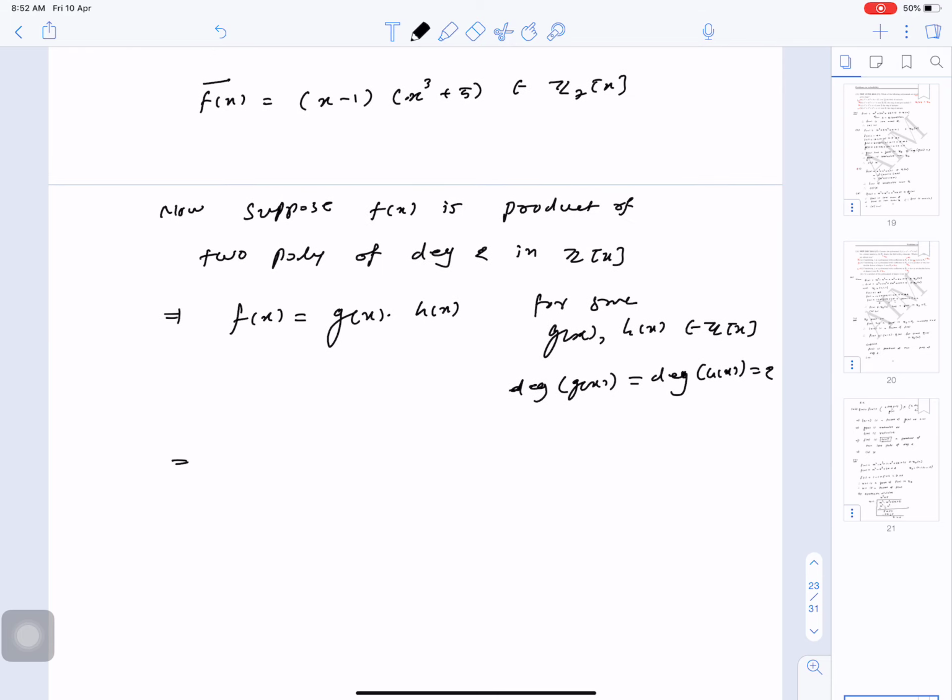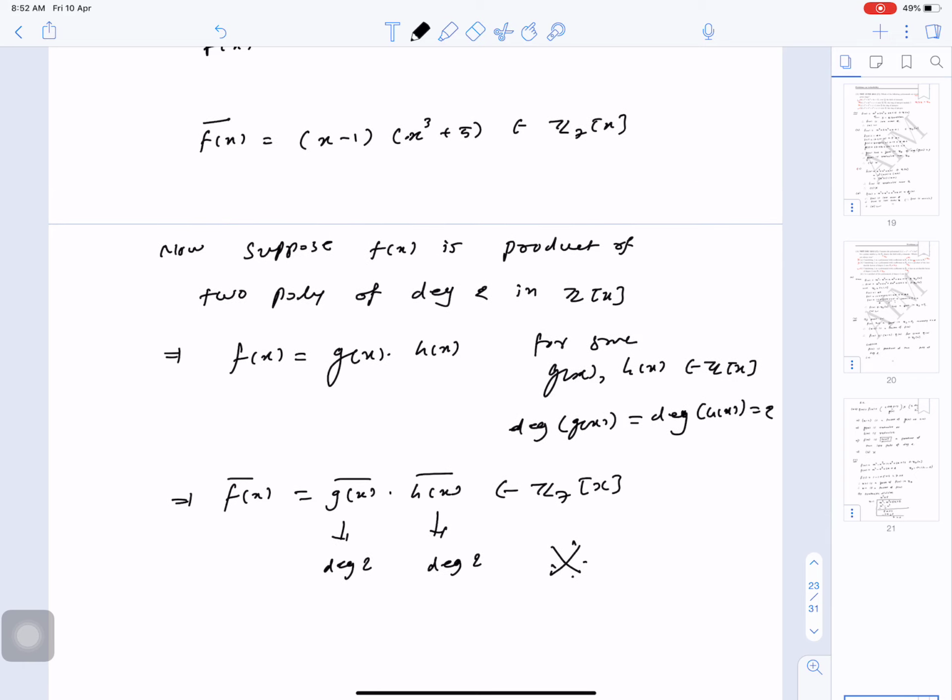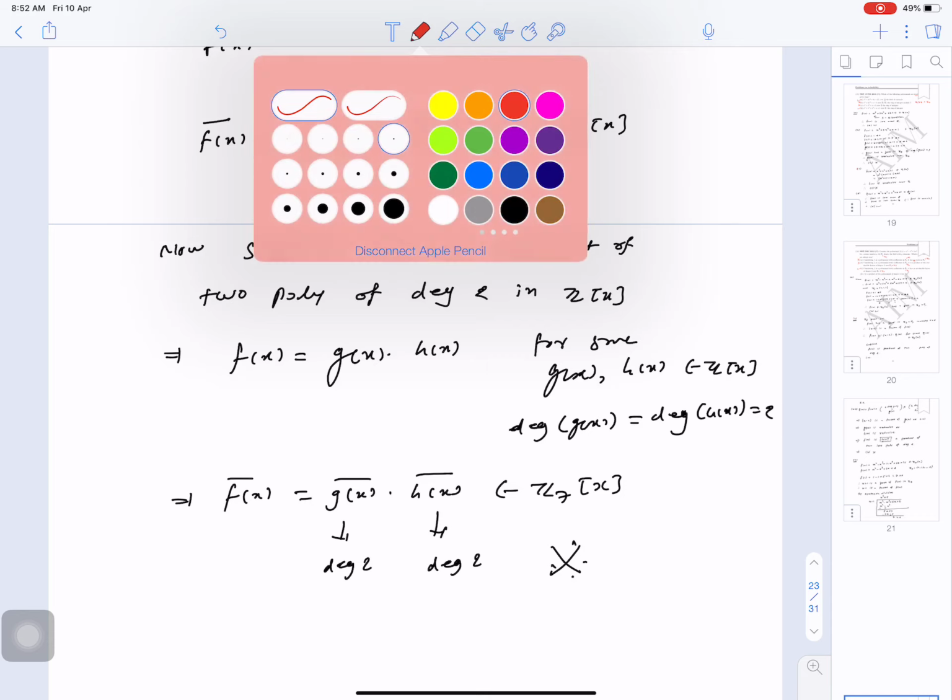So it implies fx bar is equal to gx bar into hx bar in Z7x, then this is a polynomial of degree 2 and this is also a polynomial of degree 2, but that is a contradiction with this.